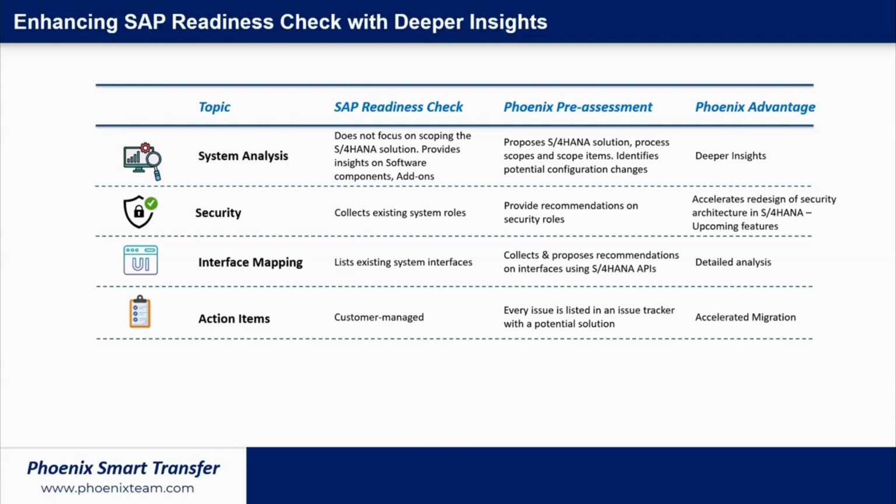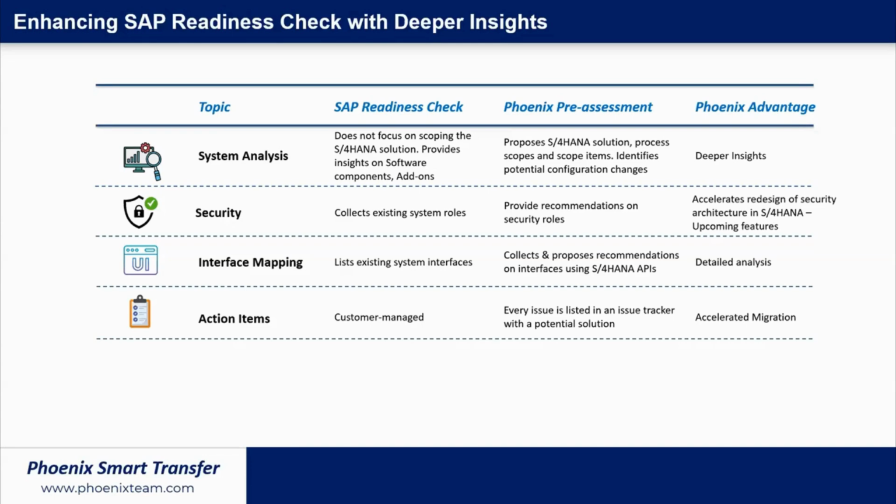Likewise, interface mapping: as I iterated, it's not just going to inventory the existing interfaces or customizations. It's going to make a recommendation on what newer API strategy or newer API library you could leverage, and how well that needs to be adjusted for a smoother migration of your integrations.